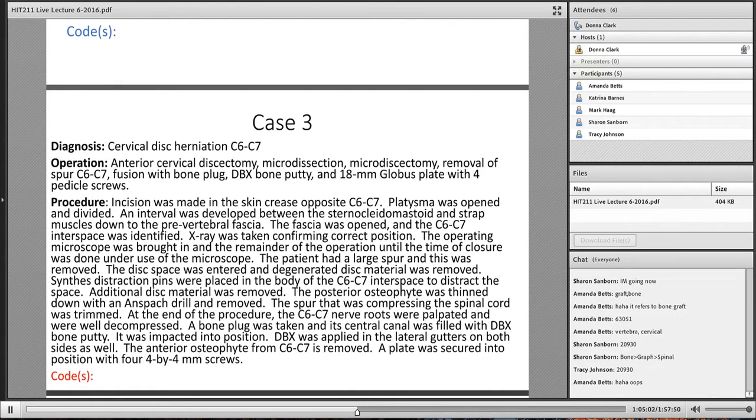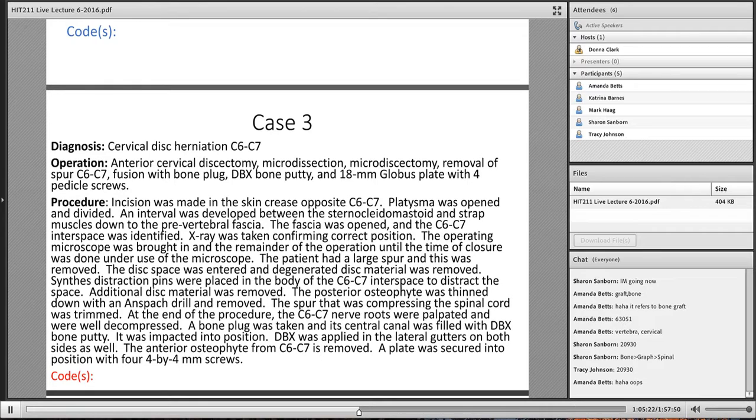So you need to go, let's see, bone graft, spine surgery. And somebody has 20930, very close. Very close.